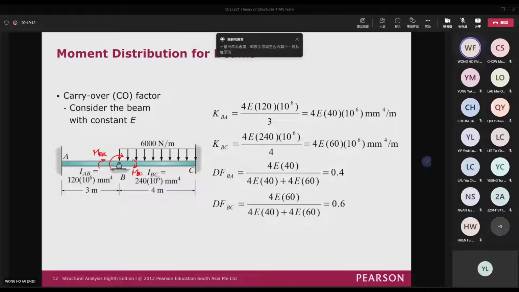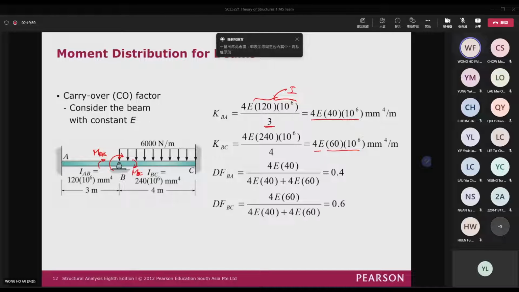So it is 4EI over L, L is 3 meters, and I is 120 times 10 to the power 6. So it is equal to 4 times 40 times 10 to the power 6, while KBC is equal to 4E over 60 over 10 to the power 6.